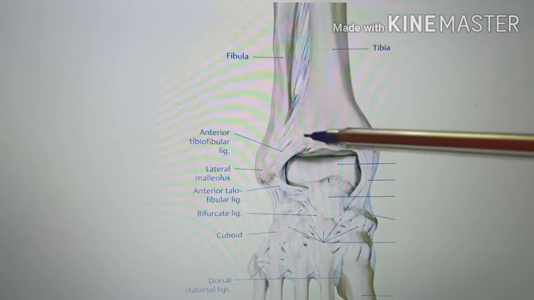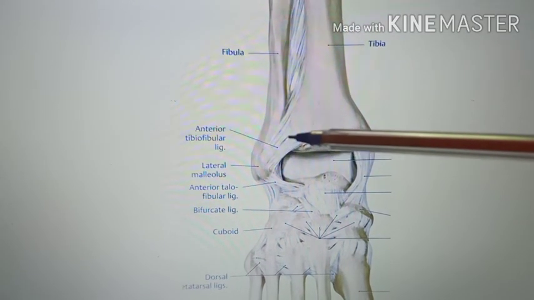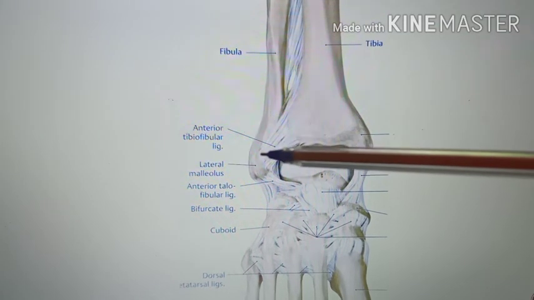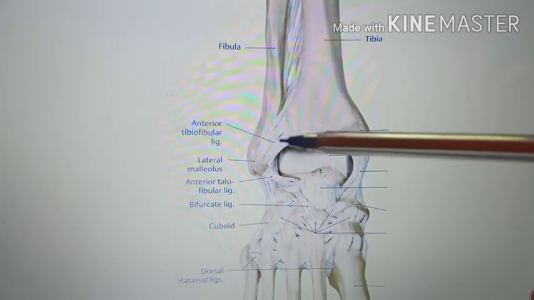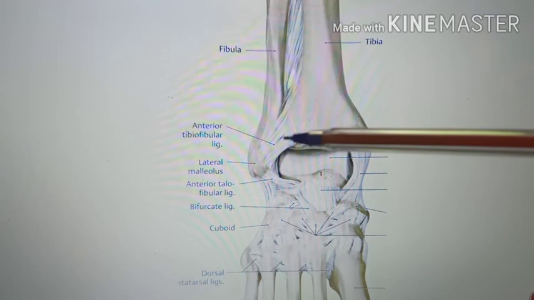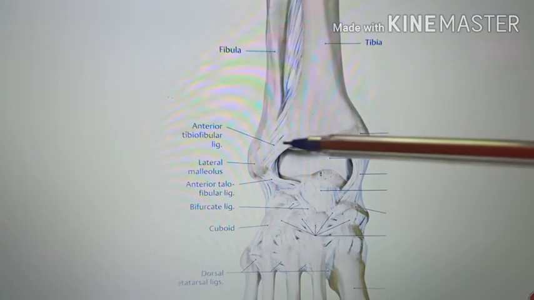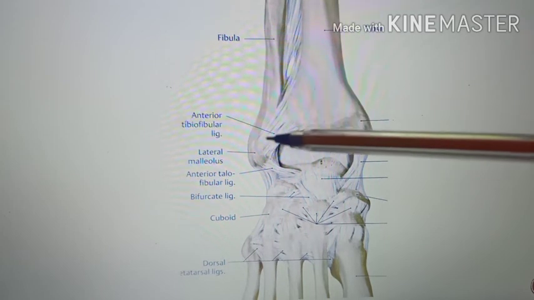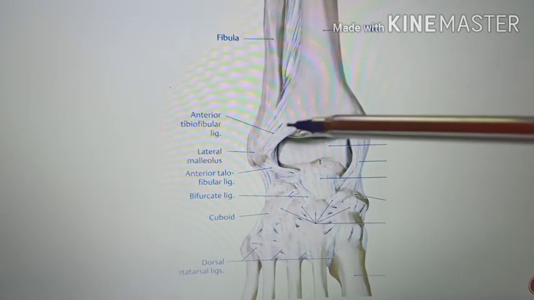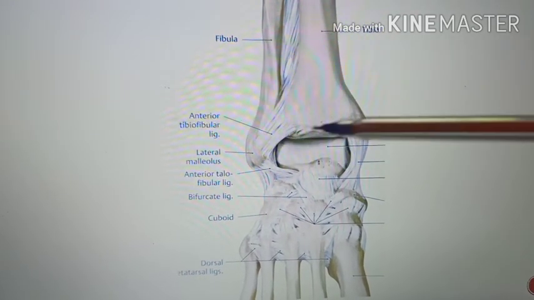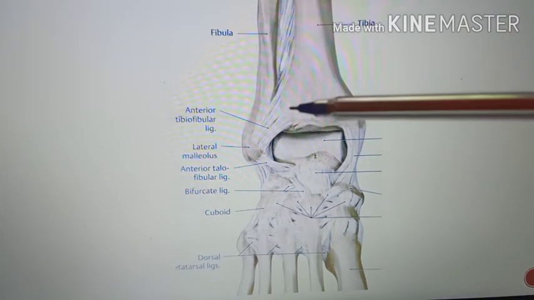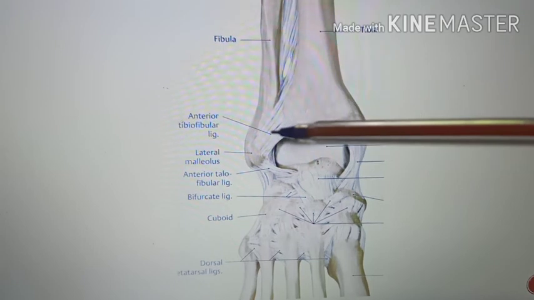It passes downwards and laterally in front of the interosseous ligament. Just behind this will be the interosseous ligament, which is attached to the tibia and fibula. From tibia to fibula, it passes downwards and laterally.